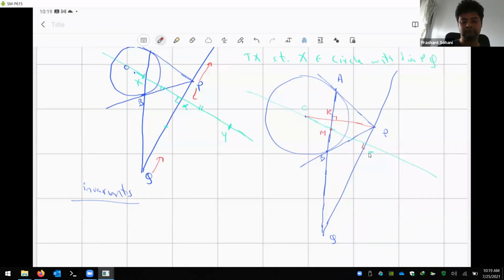Okay. So if you think about this a little bit, you realize that M is also an invariant. If I change the position of point P, you will see that M doesn't change. Can you see that? Let us see how.